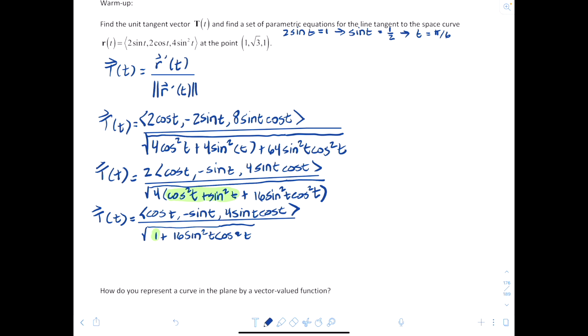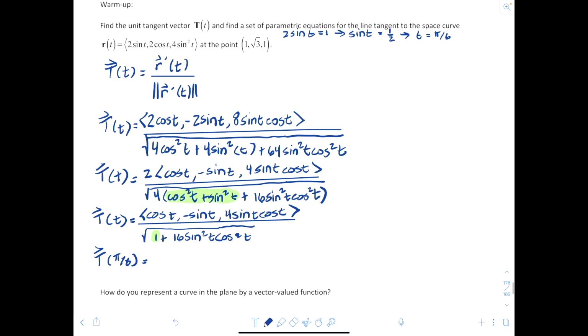So our unit tangent vector at pi over 6 is going to equal, well, cosine at pi over 6 is, beautiful, root 3 over 2. Sine at pi over 6 is a half, but then we apply the negative sign.